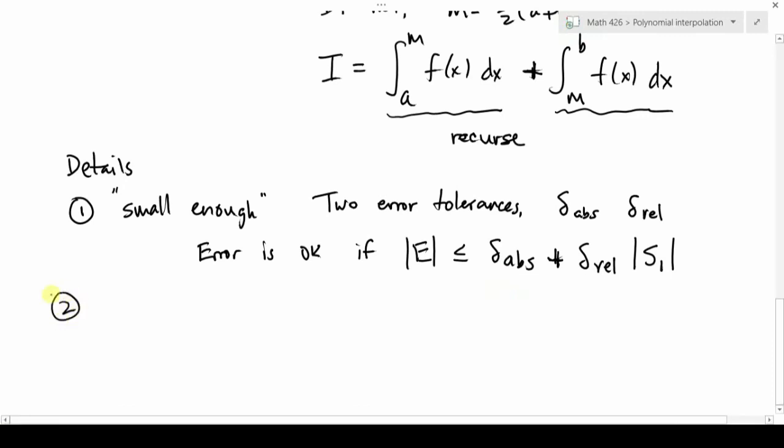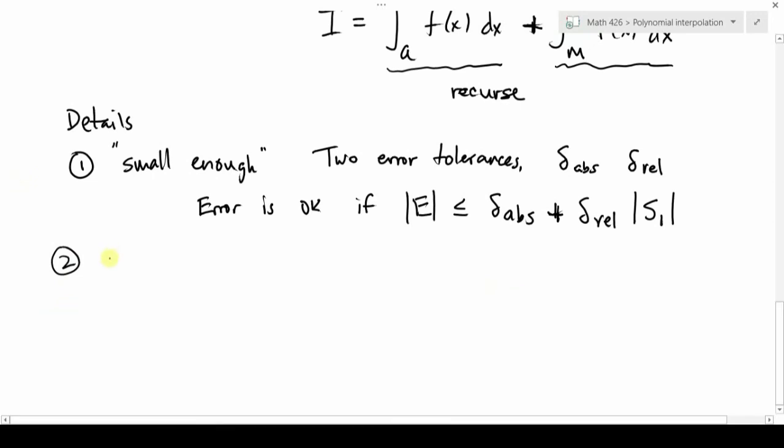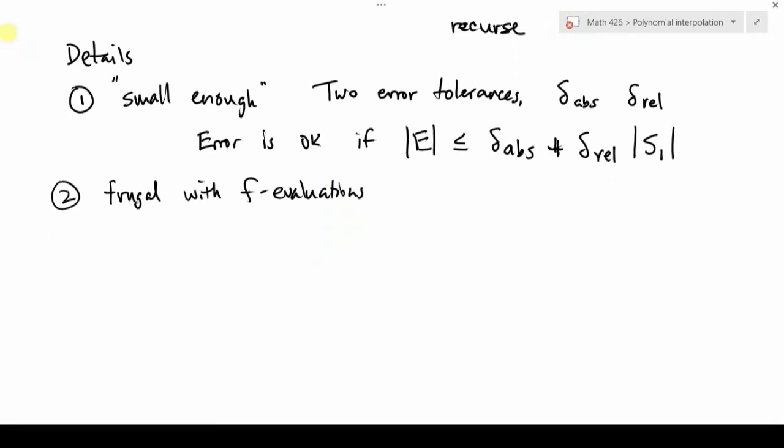Second detail is to be frugal with our F evaluations. So let's say we've done our calculations. We did our 3 trapezoid rule approximations and found out that we need to subdivide and recurse.